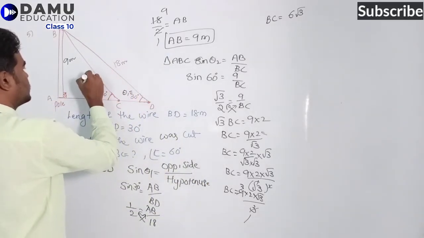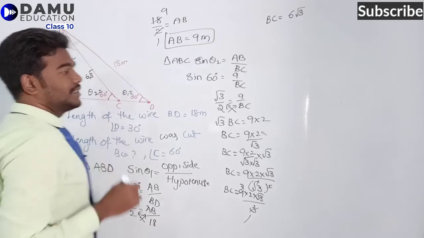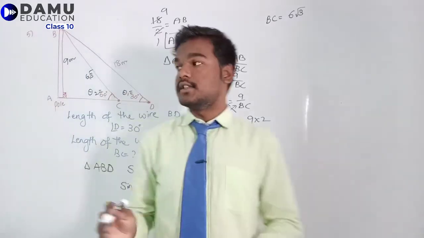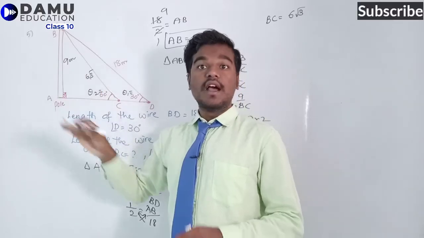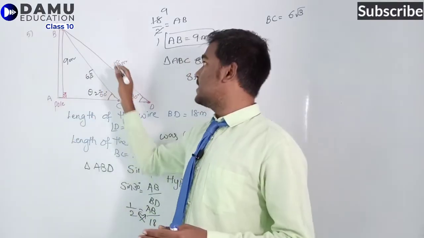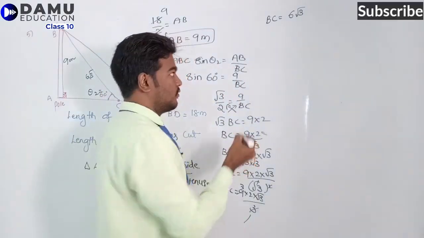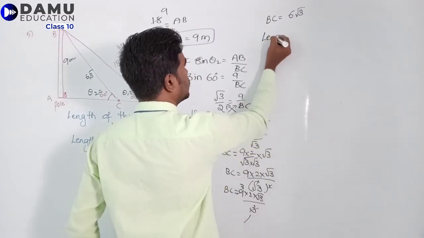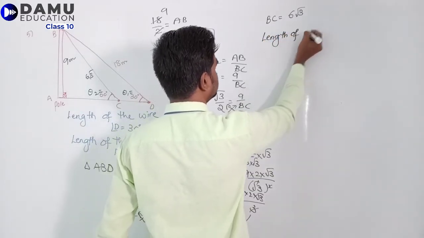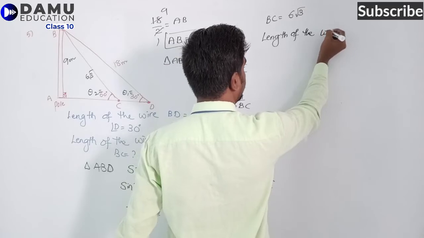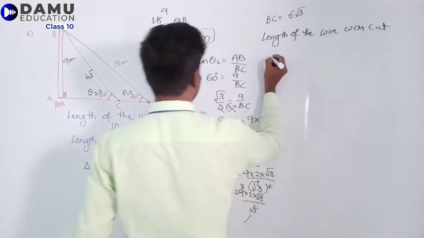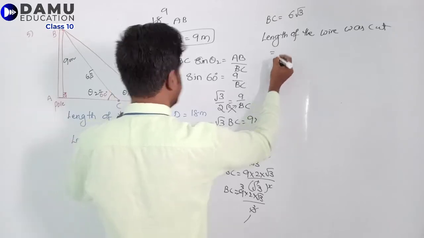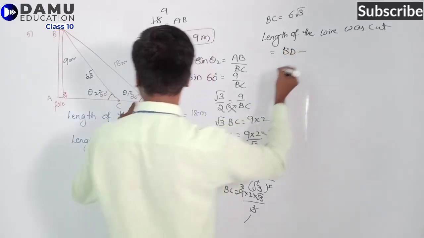So what is the length of wire that was cut? The total length is 18 meters and BC came as 6 root 3. How much length was cut? If you take the subtraction, the length of the wire that was cut is BD minus BC.